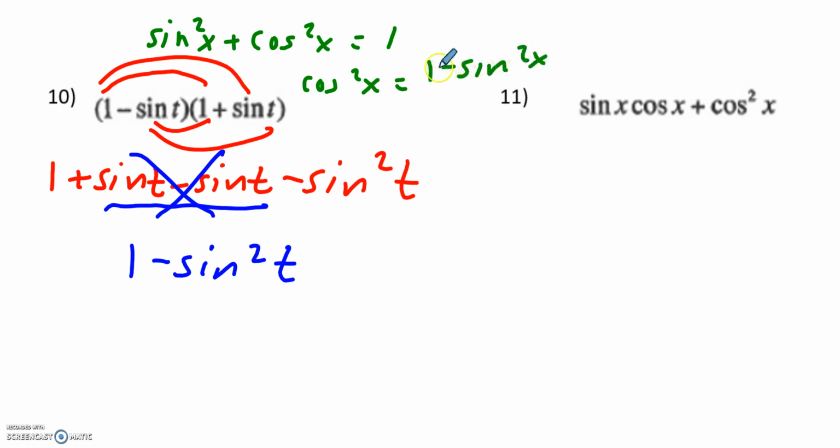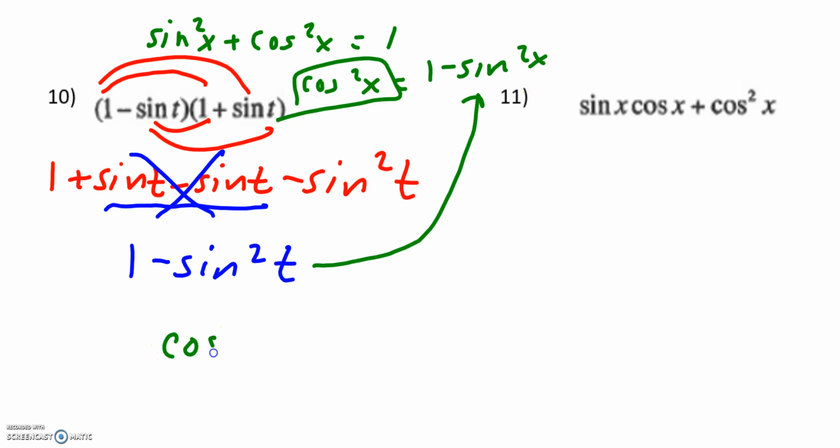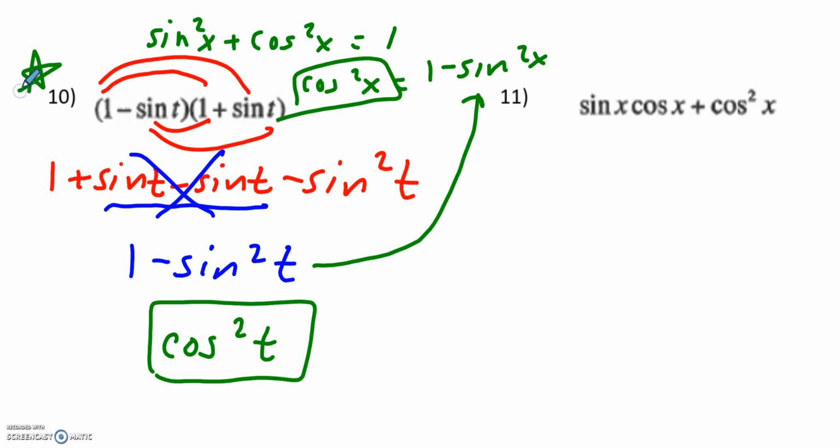And how convenient, we have a 1 minus sine squared of an angle here. So this could be completely replaced with that. So my answer is just cosine squared of t. And if this was not on the answer key, feel free to change it on your answer key. I would say that the green is a much better simplified answer than the blue because of this Pythagorean identity.